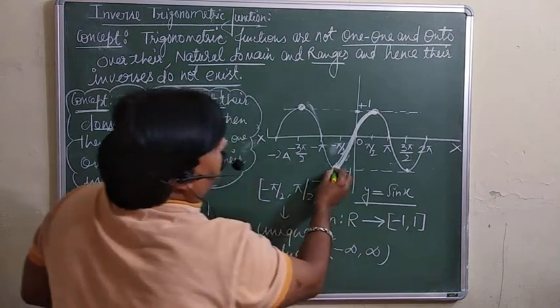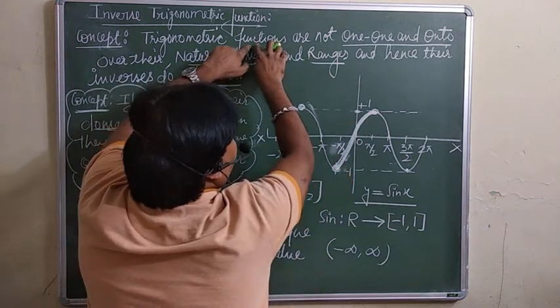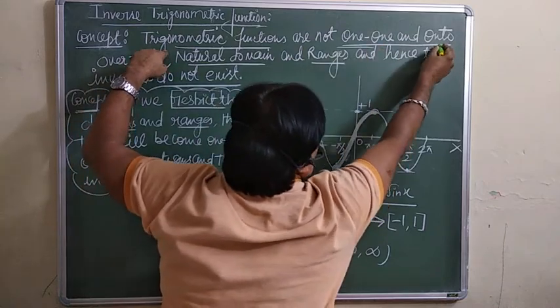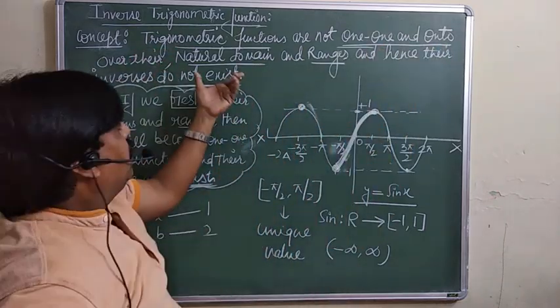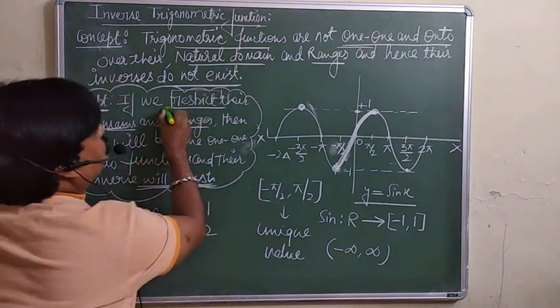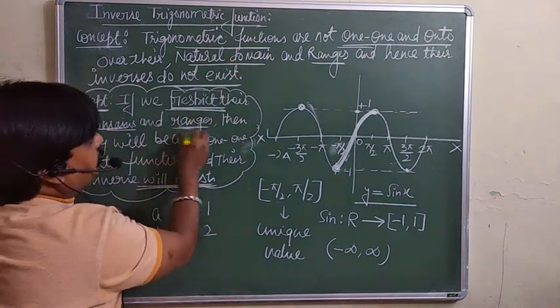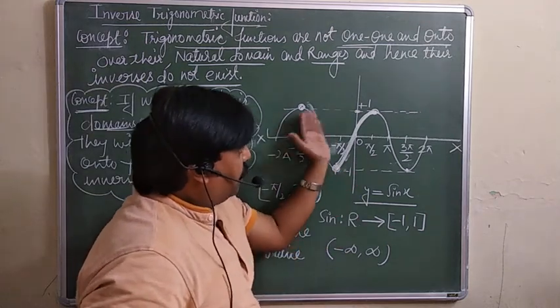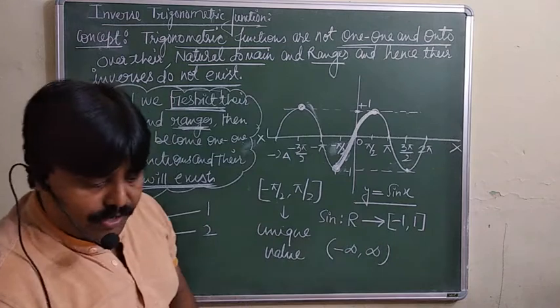Keep in mind, the trigonometric functions are not one-one and onto, so we cannot take the inverse of those functions. If you want to take it, you are bound to restrict the domain and range, then you can take the inverses.